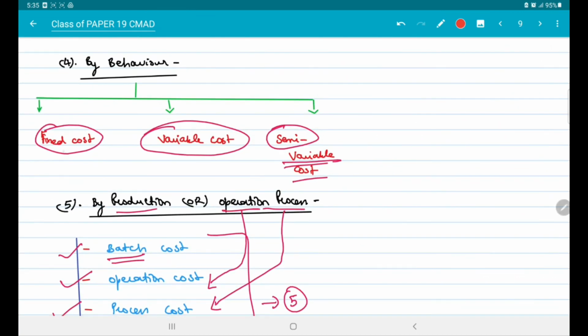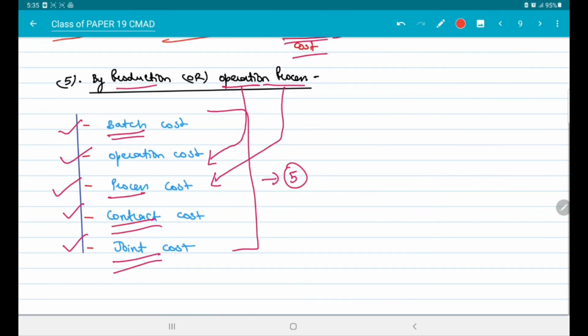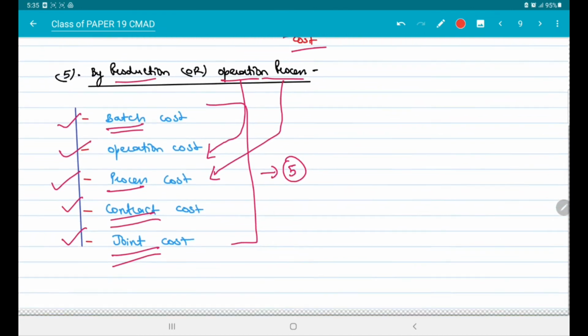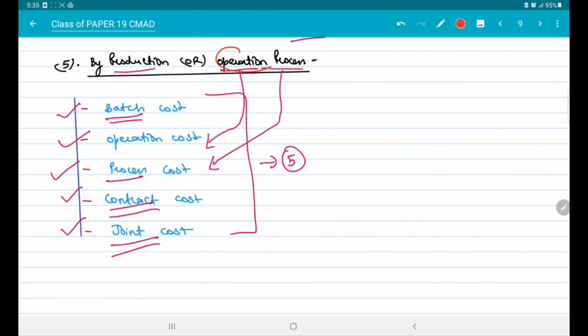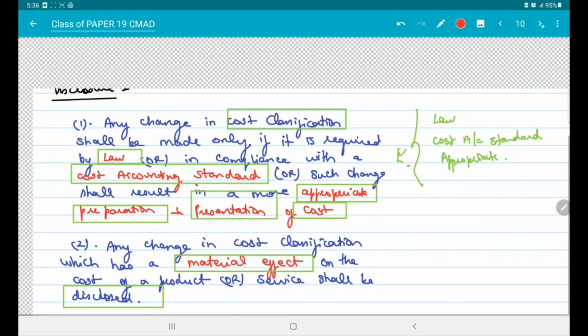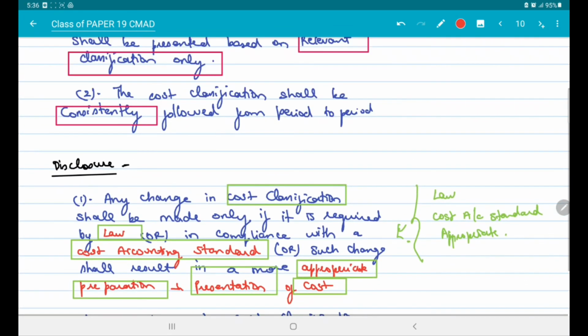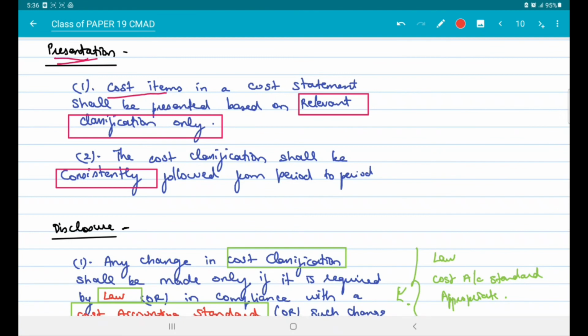By behavior, fixed, variable, semi-variable. By production or operation process, title itself suggests 2 names: operation, process. Other 3: batch, contract, joint. Okay, so these are the 5 bases of classification, read along with presentation and disclosure.